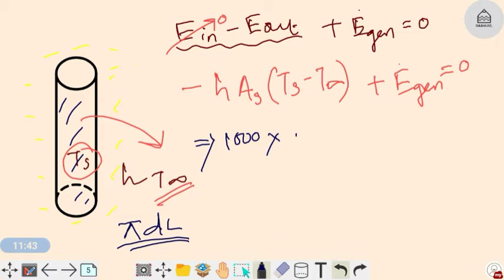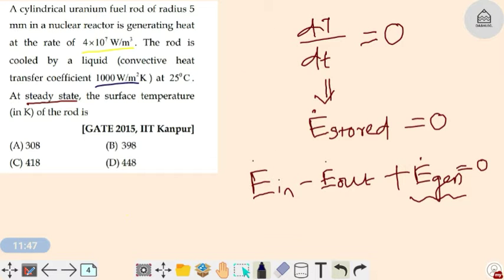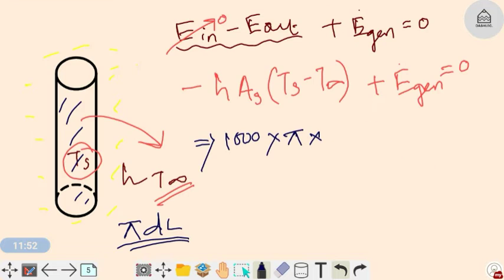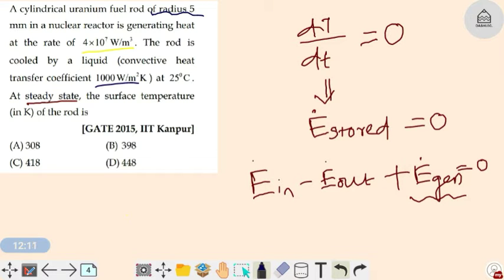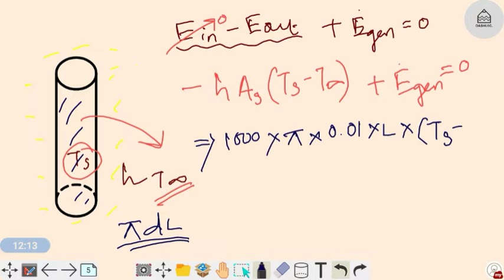So pi into d; the radius is 5 mm, so the diameter is 0.010, into L, into Ts. Ts we need to find out, T infinity is given. T infinity is 25 degrees Celsius.